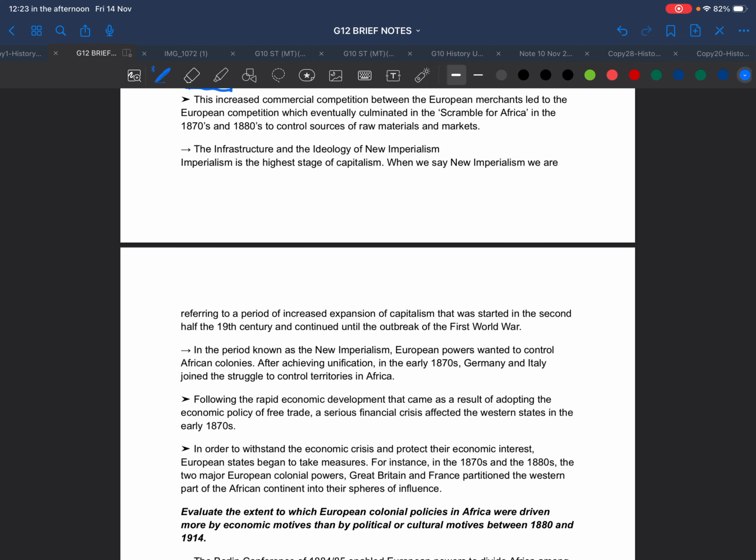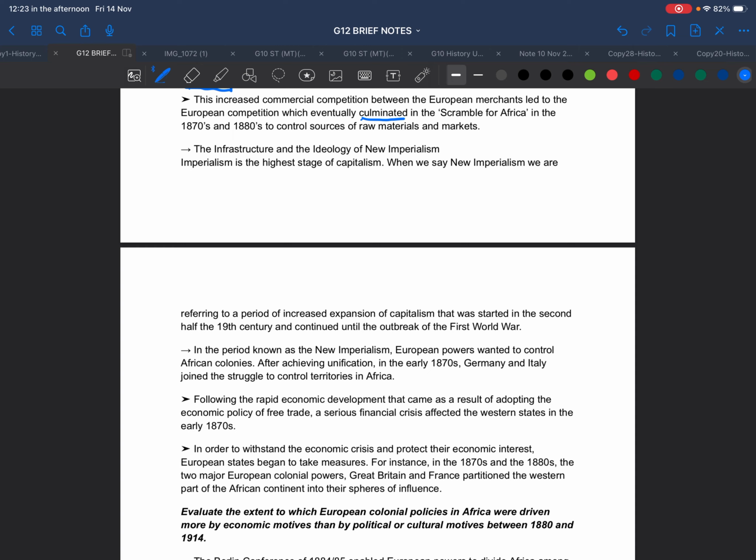All in all, the increased commercial competition between the European merchants, one European merchant against the other, led to European competition. This culminated and raised the situation up.